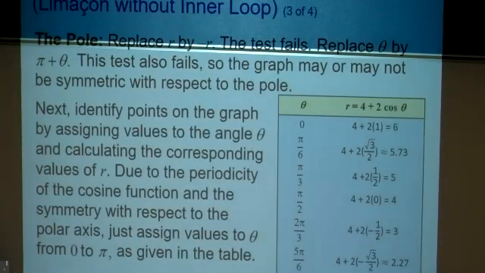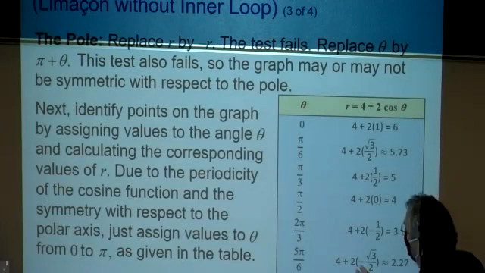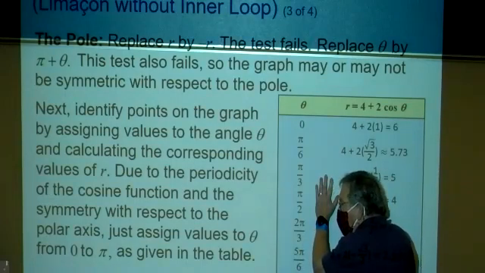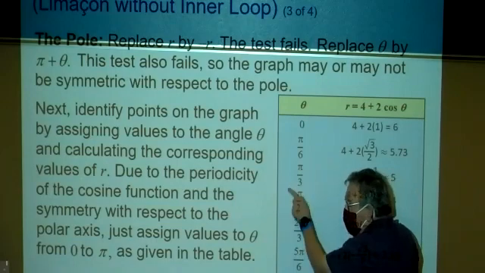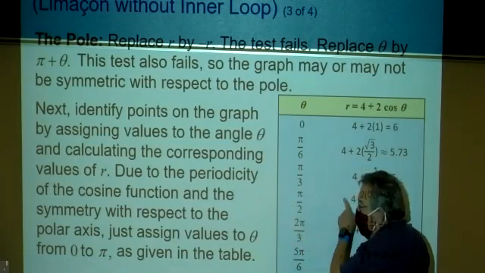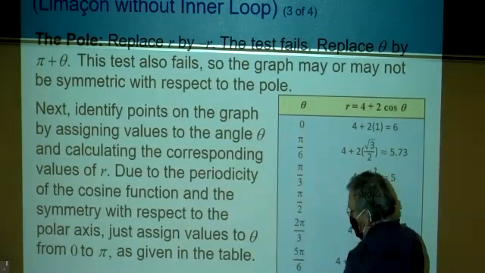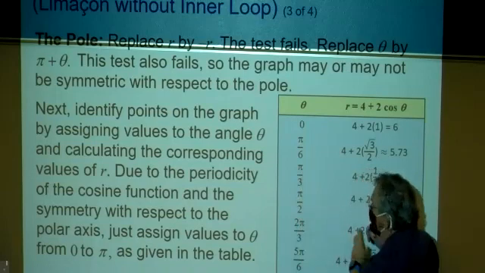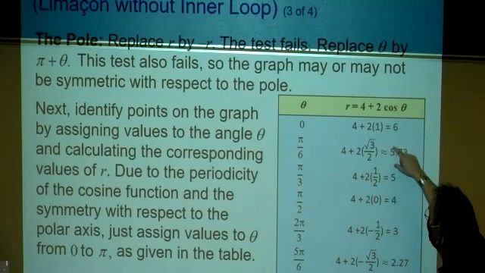And so since we're dealing with cosine, and it's going to be symmetric with the polar axis, I'm just going to look at half of the angles above the pole, and it'll have matching points on the other side. So from 0 to pi, they look at increments of 30 degrees, pi over 6, and find out what the function equals at those values. And then they graph them. Well, I usually graph them as I find them.